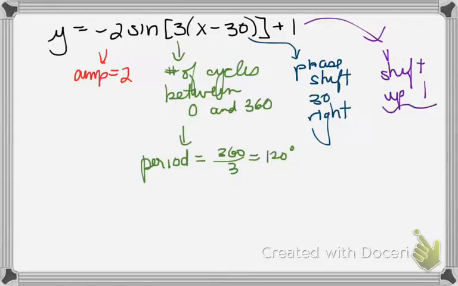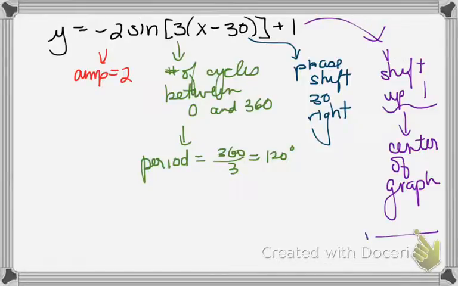Okay, this is also the center of our graph. Meaning that basically if I had the center of my graph and I went up the amplitude from that, which is 2, I'd get my max, which will be 3. And if I went down 2 from that, I would get my min, which would be -1.